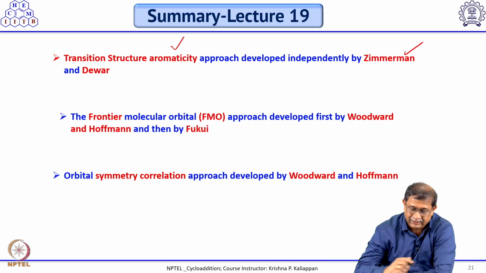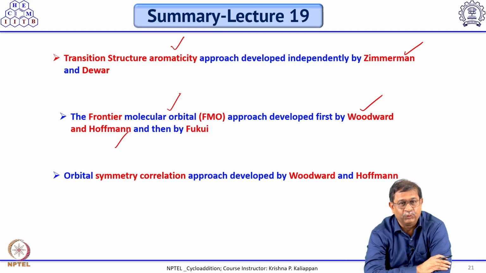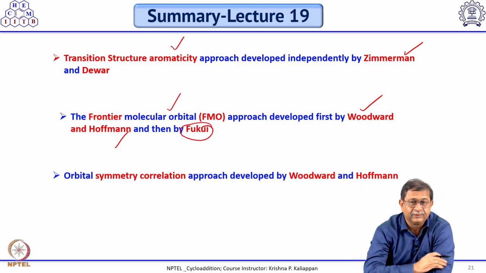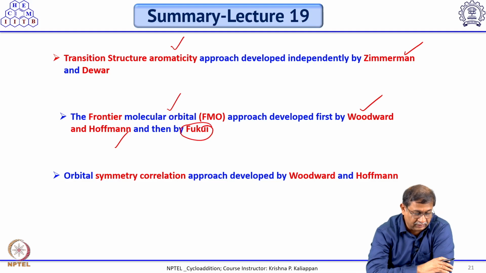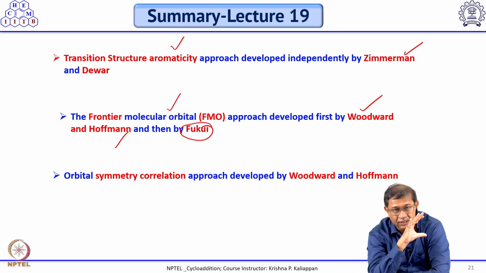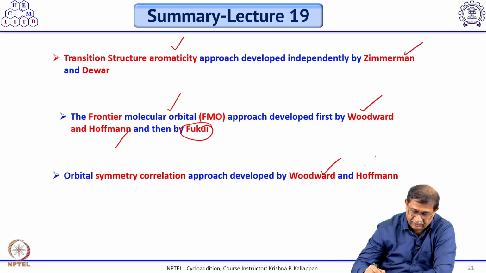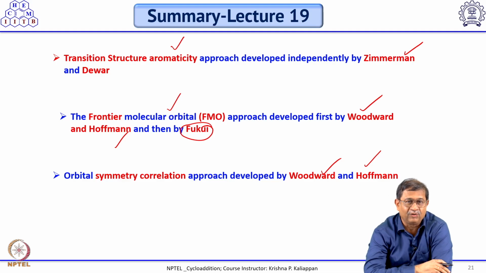The second was developed by Woodward and Hoffmann, where we discussed in detail the use of FMOs, that is frontier molecular orbitals, further developed by Fukui. And in the last one we talked about the orbital symmetry correlation between the starting material and the product, developed by both Woodward and Hoffmann. So we call it the Woodward-Hoffmann rules for the conservation of orbital symmetry.